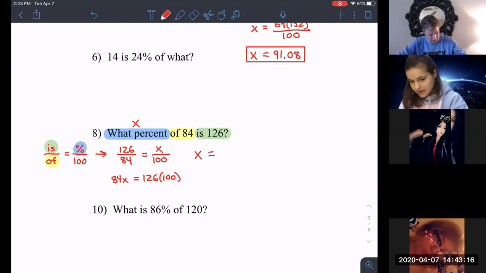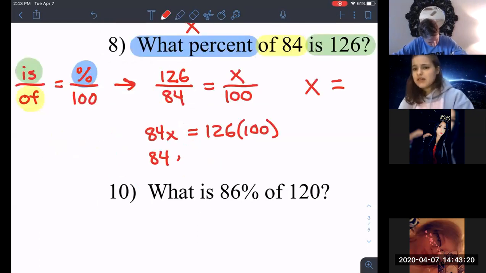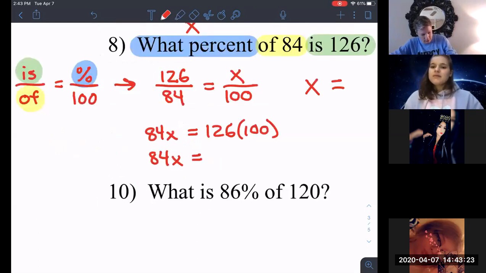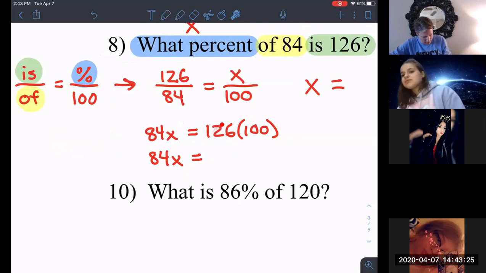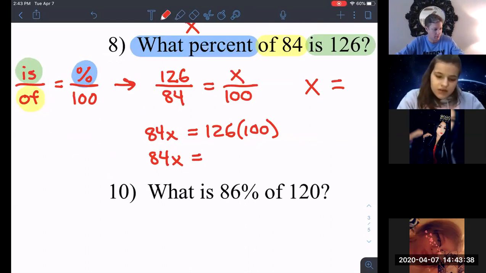Do that first. Multiply these two numbers and tell me what you get. We always want to simplify both sides of an equation first.